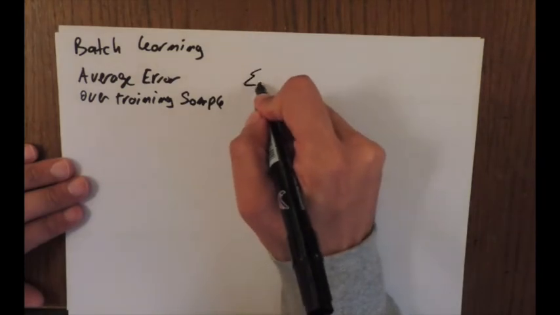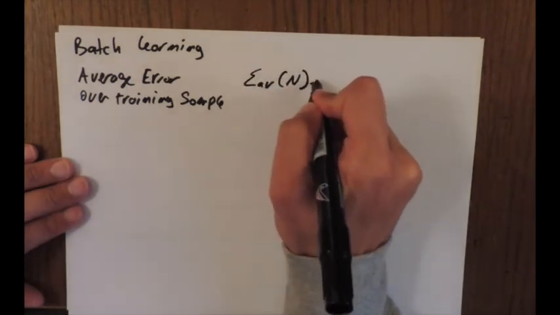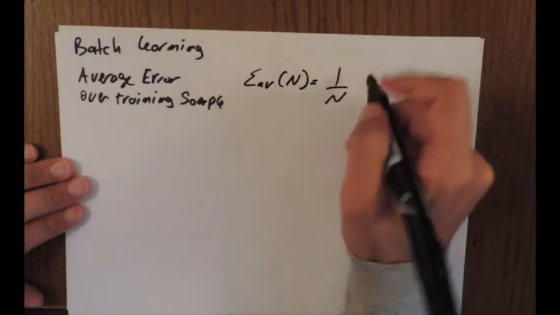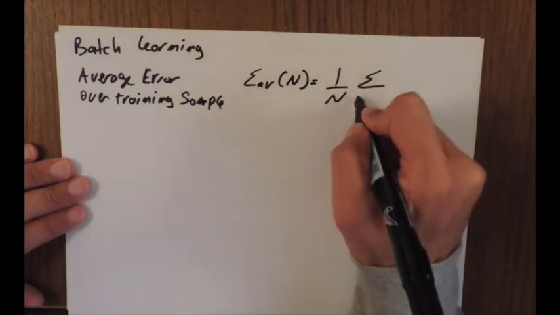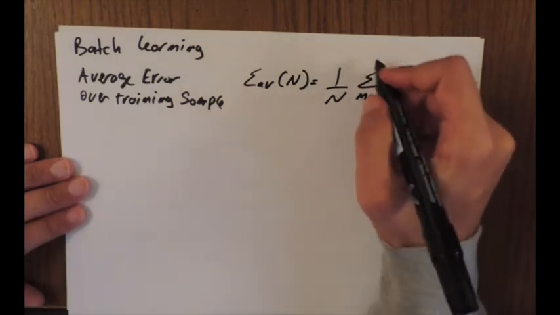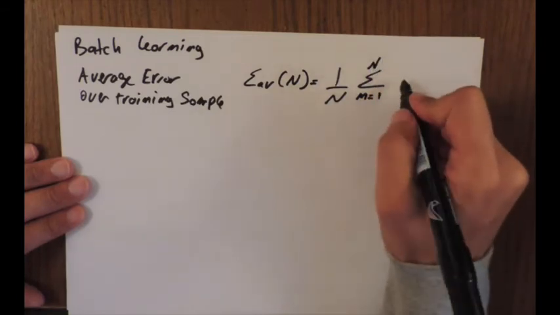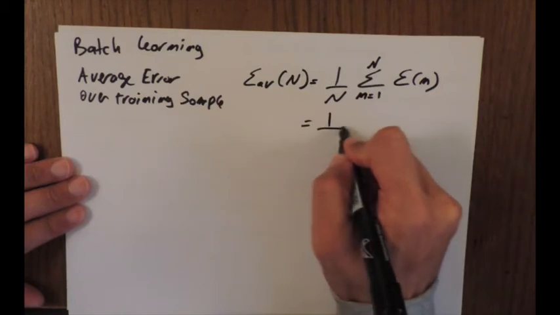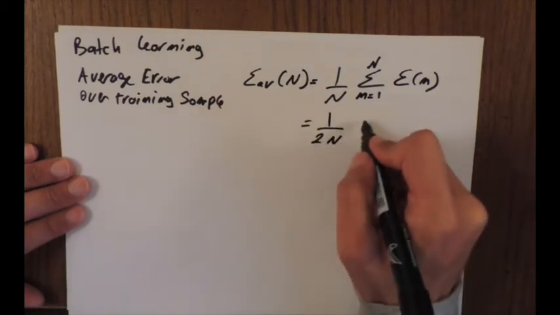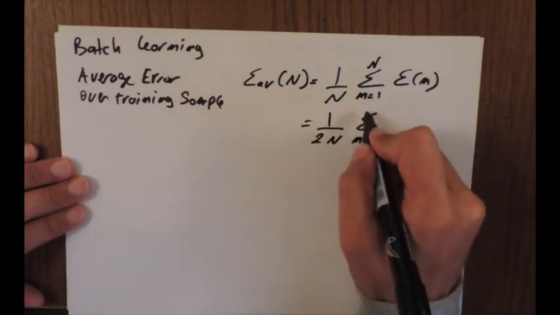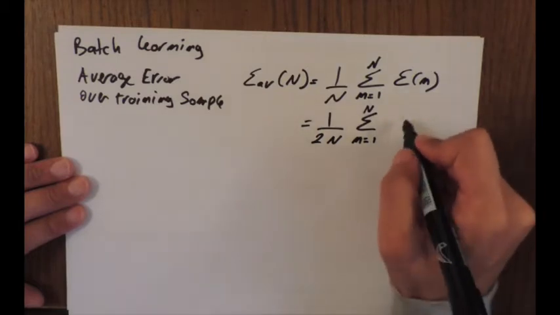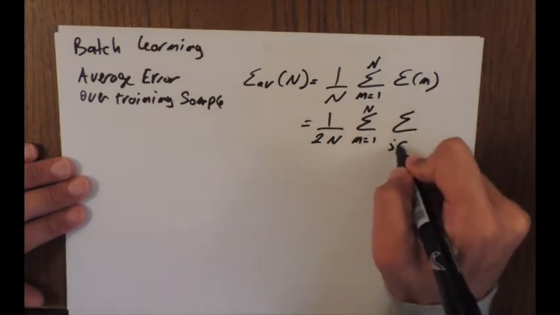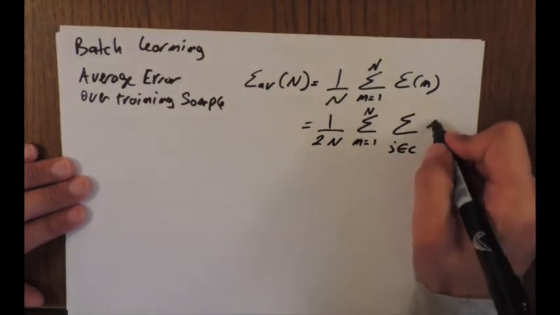So E average for the whole training set is equal to 1 over N, since we're going to divide over all, summation n equal 1 to big N, of the instantaneous error, which is 1 over 2N, summation n equal 1 over all training samples, for all output neurons.